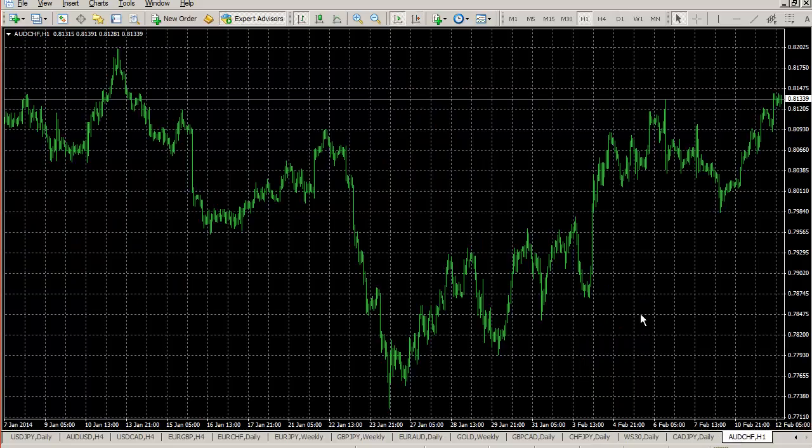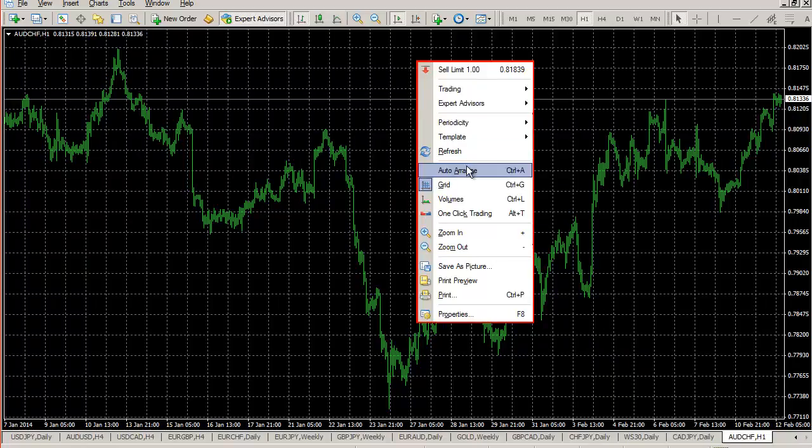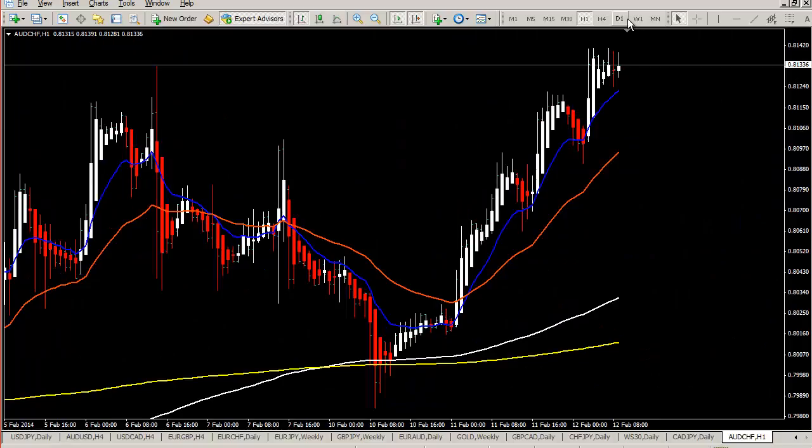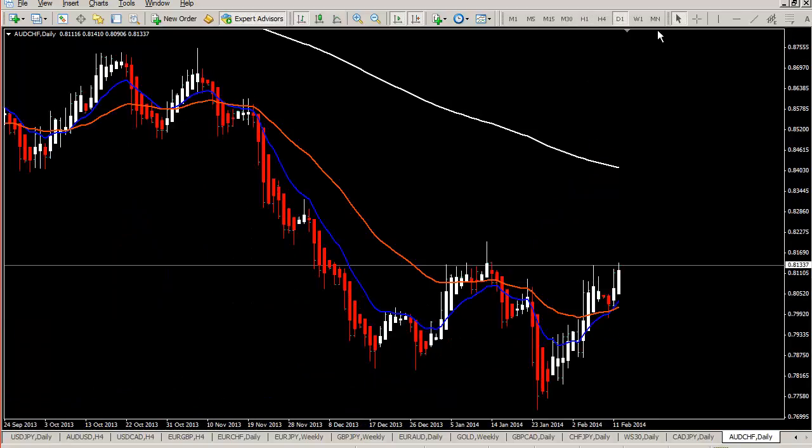The Aussie CHF, what happened with this one? Did we not cover it yesterday in the end? Did we forget? No, I think we did, right?